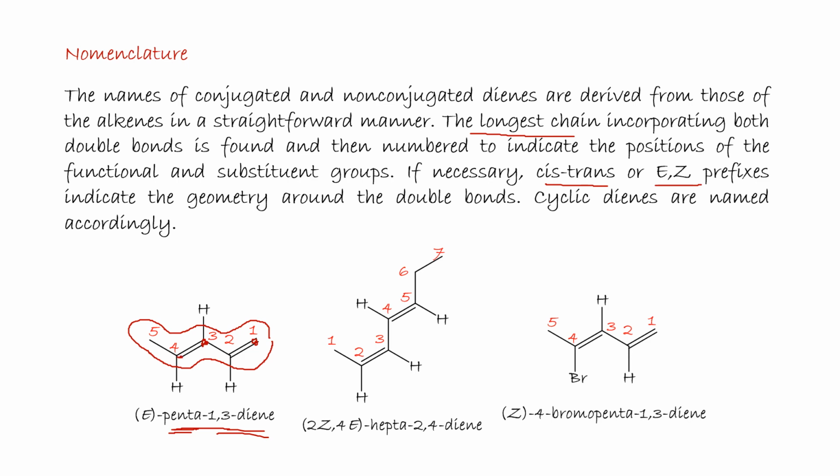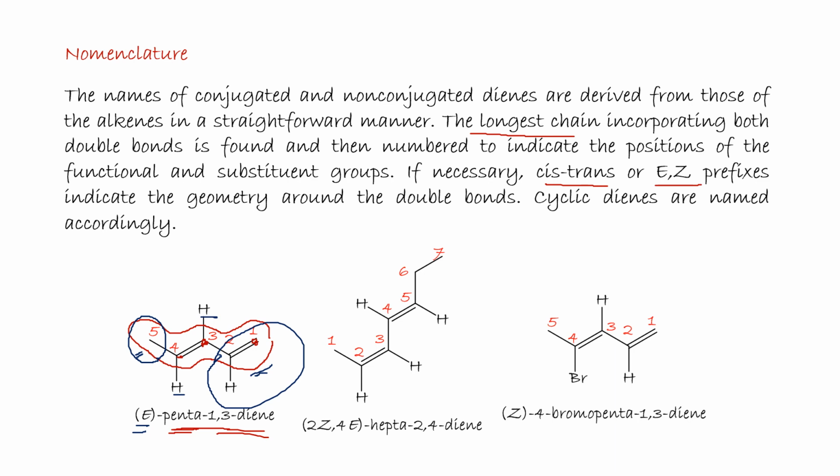Here this group is senior, methyl over hydrogen, and here we have this group senior over hydrogen. So these two groups are on opposite sides, so it is E. The name of this compound will be E-penta-1,3-diene.